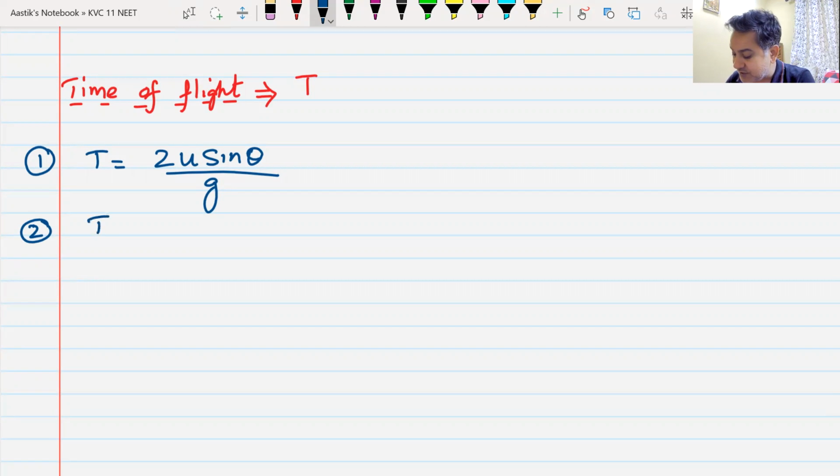I can also write this time of flight like this: 2 times uy by g, where uy is the initial velocity along y-axis, which was nothing but equal to u sine theta. Do we remember this? Yes or no? Two times uy by g.